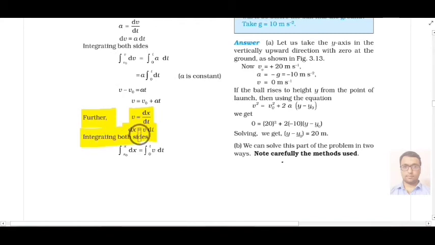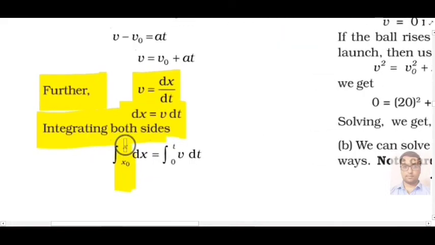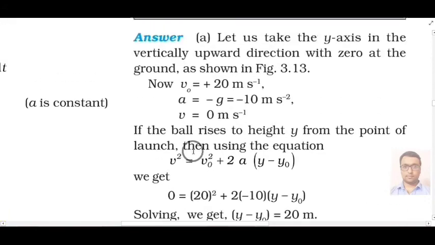Now you have to integrate on both sides. The limit will be x0 to x for dx, and the limit will be 0 to t for v dt. Then you have to put the value of v over here, because v is a function of time.